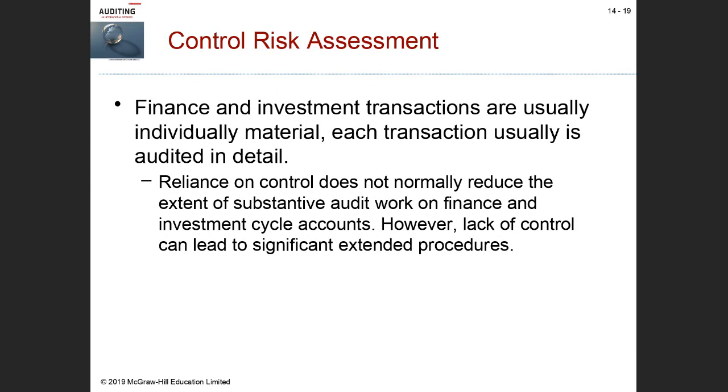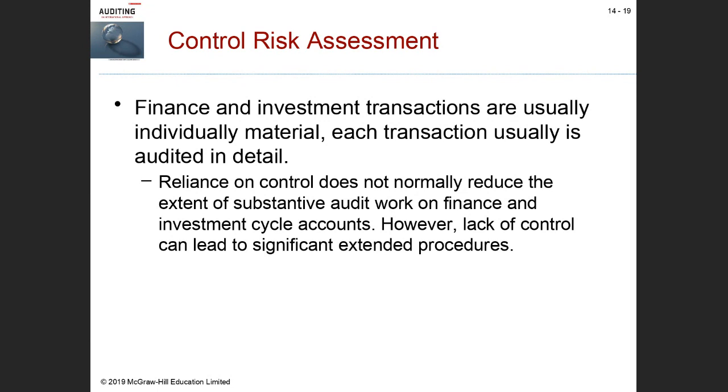So if each transaction is material, what do auditors have to do? They have to audit each transaction, right? Because each one is material, each one presents a risk of material misstatement. So auditors normally have to look at each and every one of these transactions because they are few in number and they are all material.